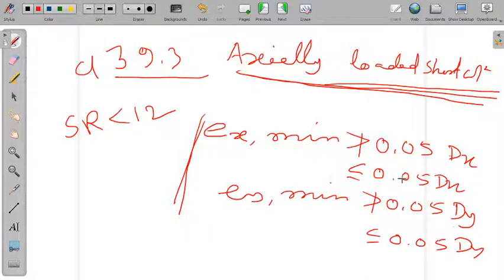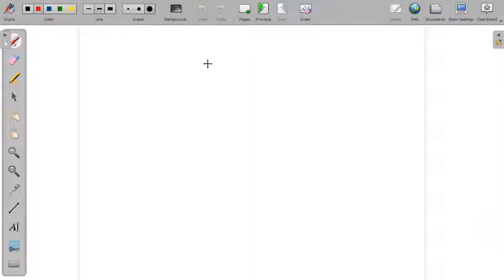Let us assume that what we are trying to do is the problem for axially loaded short column design. So let us assume that it satisfies slenderness ratio less than 12 and Ex minimum and Ey minimum are less than or equal to 5% of the respective dimension. Then we can design the axially loaded short column using the code book's guideline. What is that guideline?